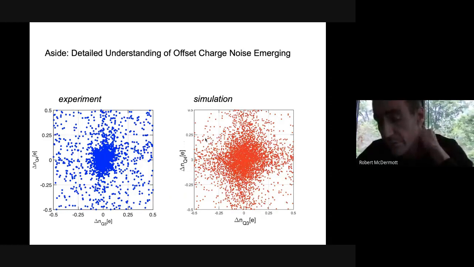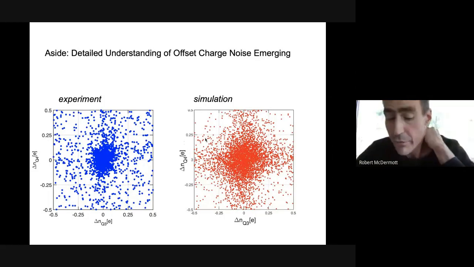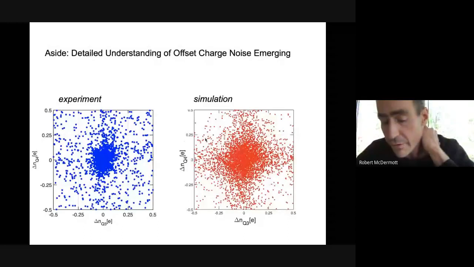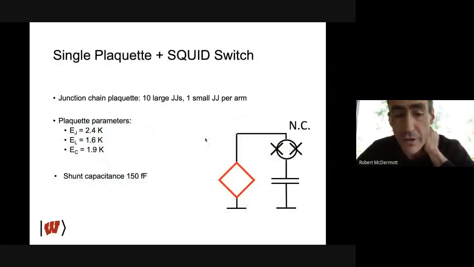And we can even say something about a very small but measurable charge imbalance between positive and negative charges released during these burst events. So these events give correlated errors on long length scales. I think that is something as a community we're going to need to deal with. But now that we're starting to understand the physics, I think there's a path to mitigating this type of noise, this type of error.